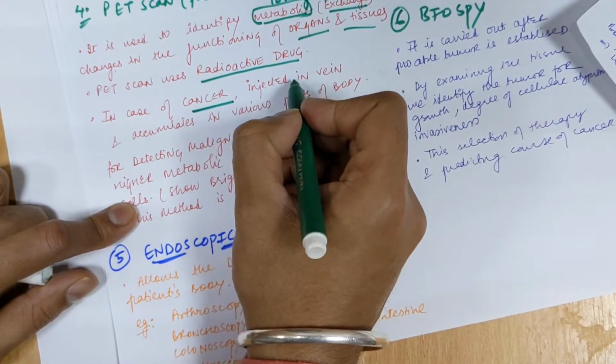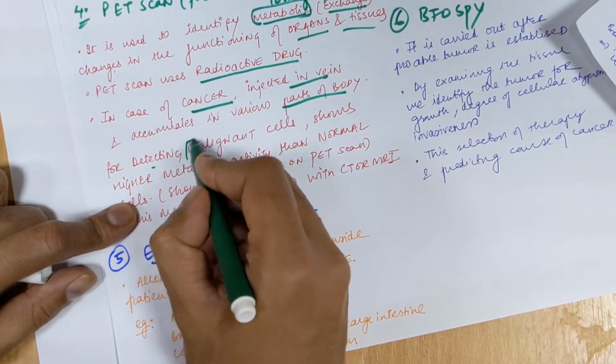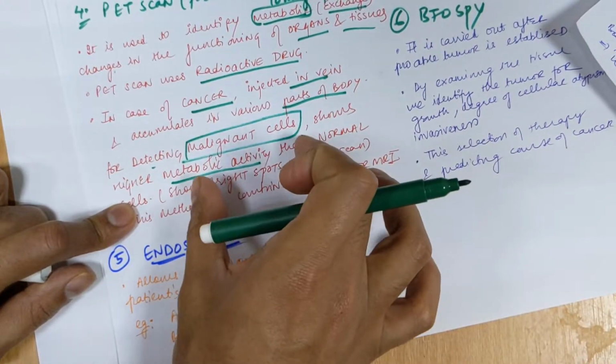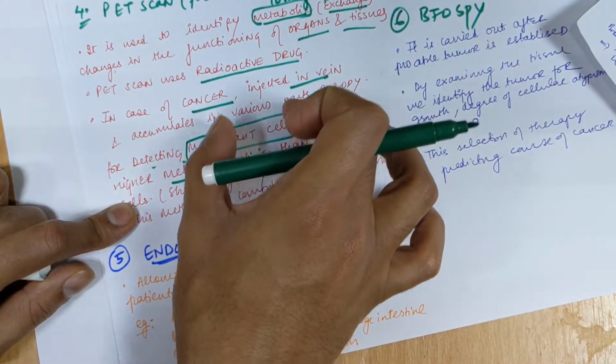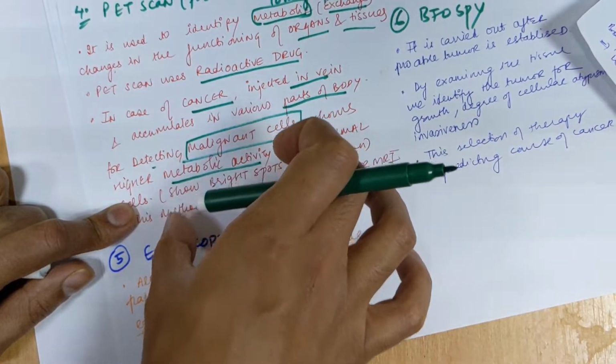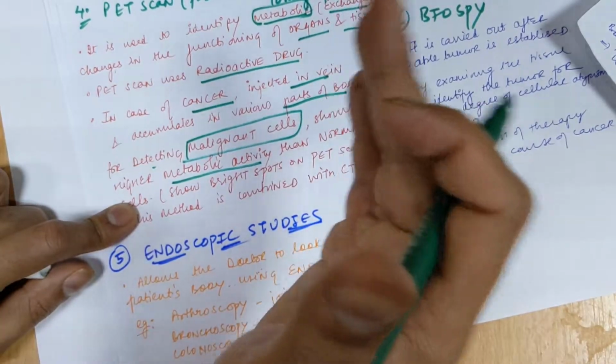In case of cancer, it is injected in a vein and accumulates in various parts of the body, and for detecting any malignant cells, they show higher metabolic activity than normal cells. So when we insert this contrast through the vein in the patient's body, it accumulates, and if there is any cancer, it will have higher metabolic activity than normal cells.